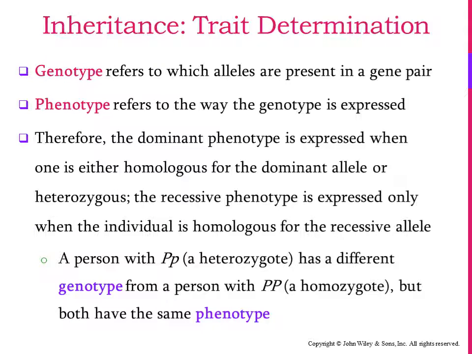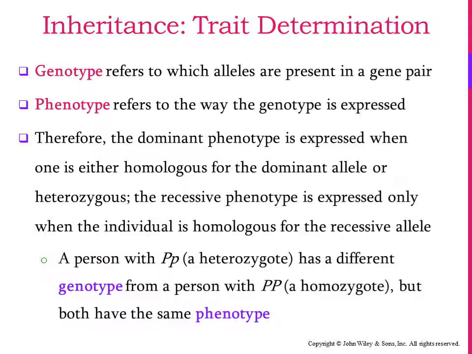So when we put this all together, we have to consider two features of inheritance: genotype and phenotype. Genotype refers to the combination of alleles that are present in a gene pair. So is the individual homozygous dominant for a particular trait? Are they homozygous recessive, so two copies of the recessive form of the trait?